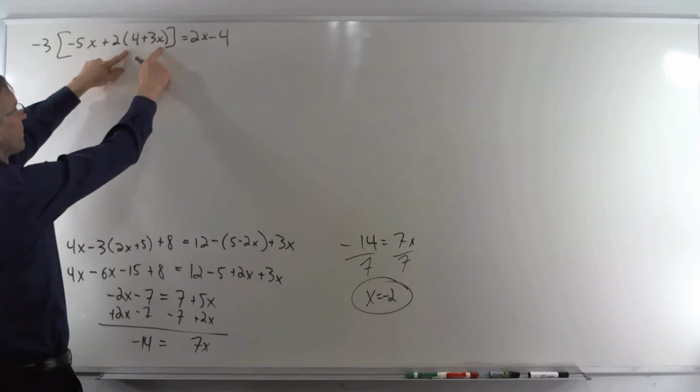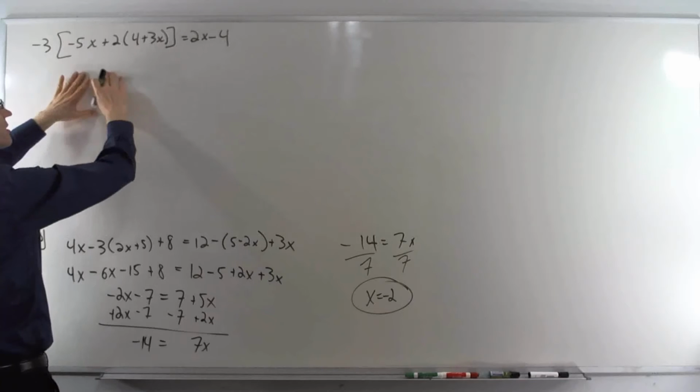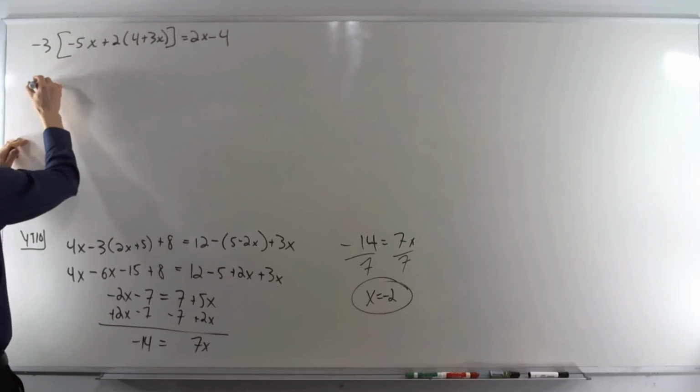So here are the inner parentheses. We're going to remove these by distributing into them. Everything else in this thing is going to stay the same. So just copy it down.